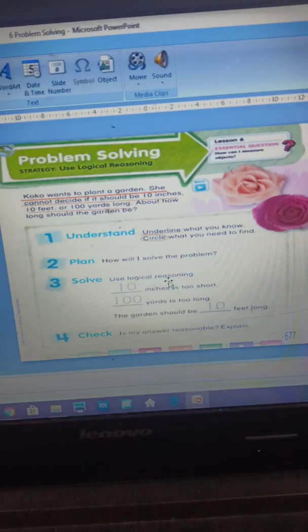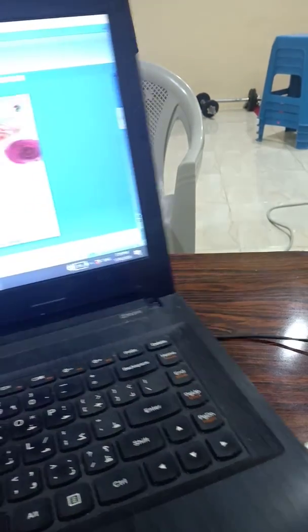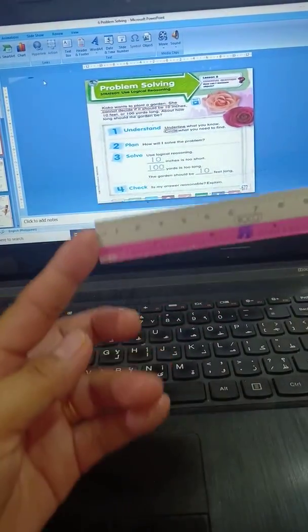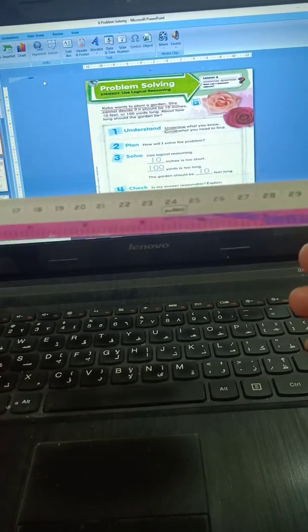First, let's see the 10 inches. Do you know the 10 inches? We have here a 12-inch ruler, right? So the 10 inches is only up to here. It is the size of a small notebook or our book.